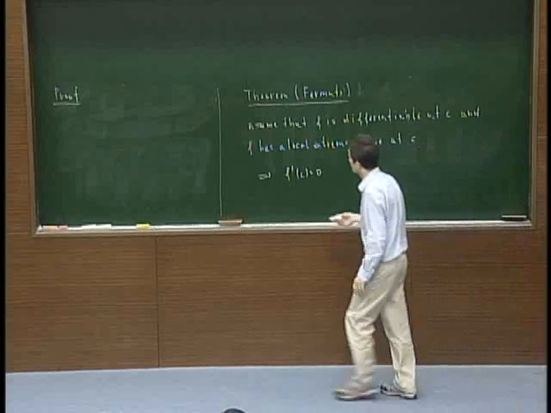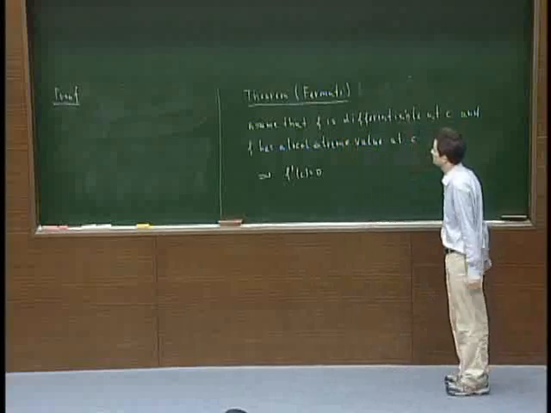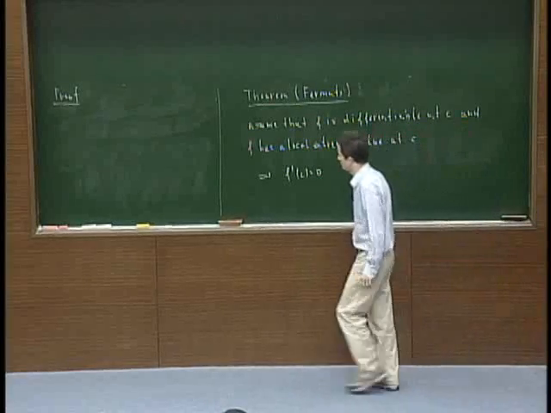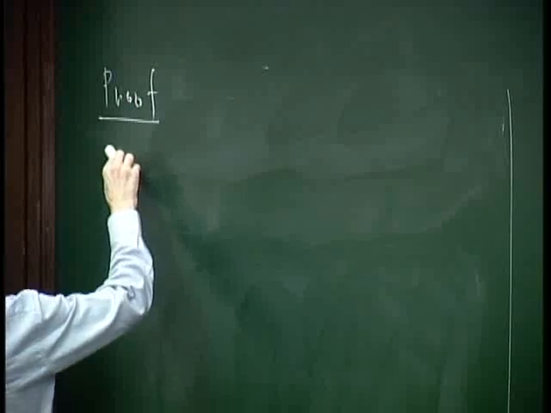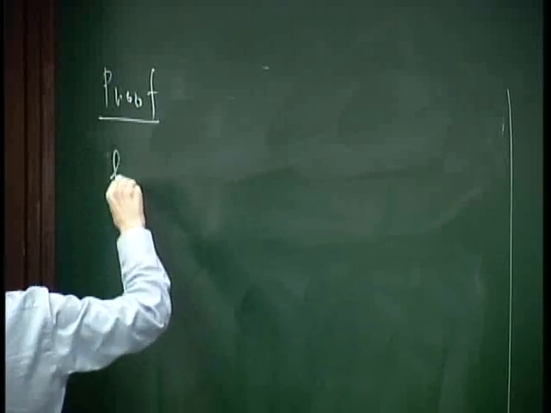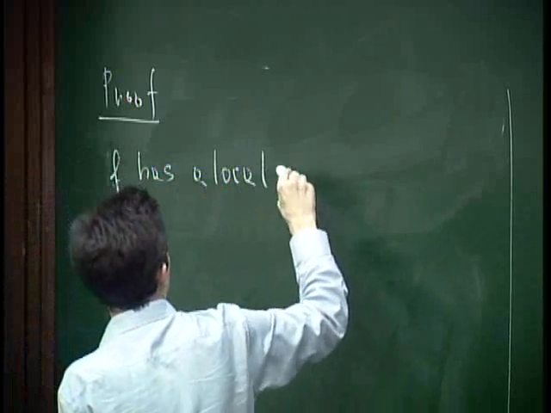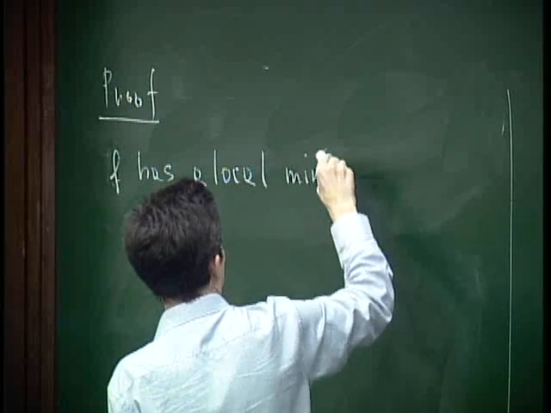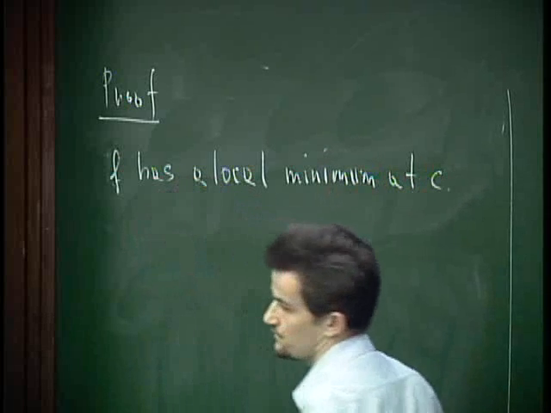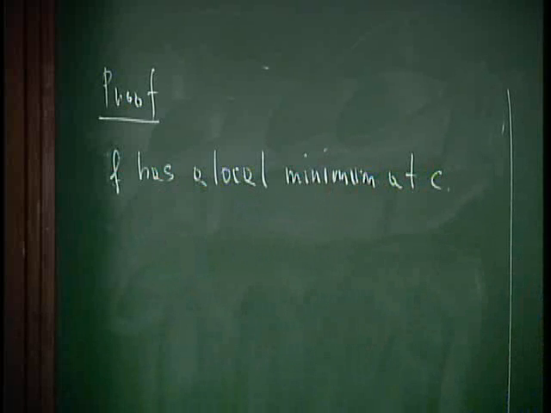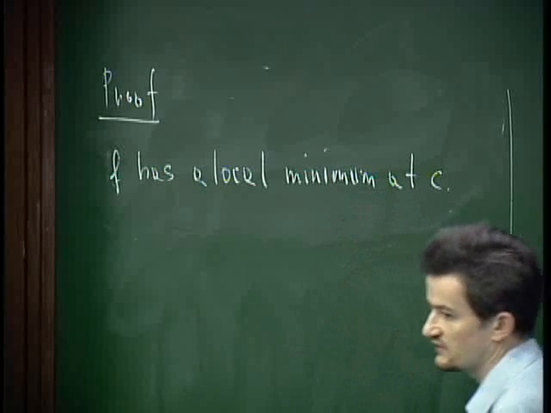So we assume, for instance, we prove the theorem for the case where f has a local minimum at c. The proof for the case where f has a local maximum will be just the same.